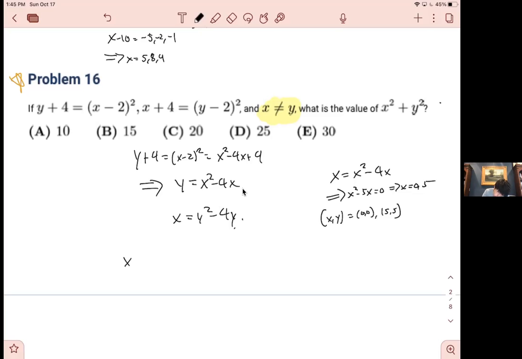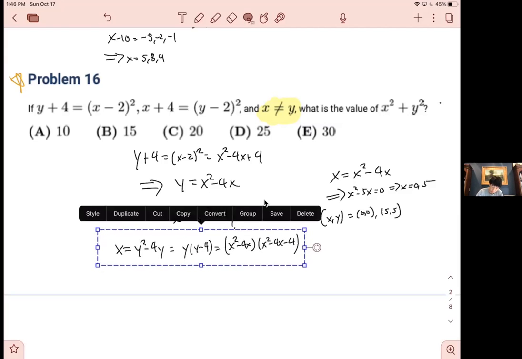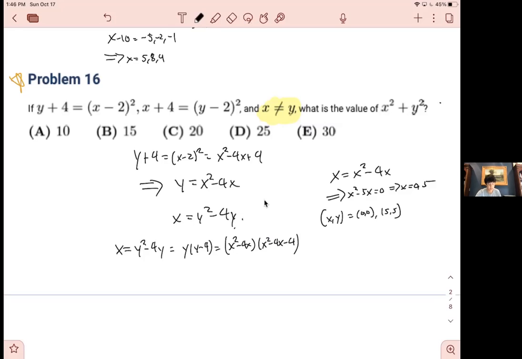We can write x equals y squared minus 4y, which equals y times y minus 4, which equals x squared minus 4x times x squared minus 4x minus 4. Yeah, there we go. So we can fairly confidently do this.